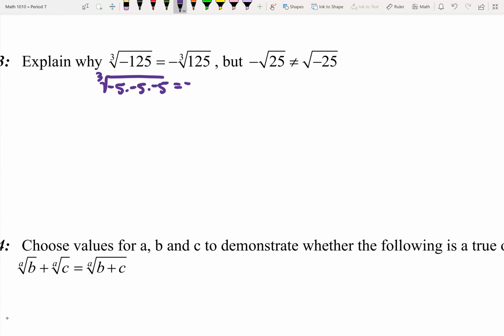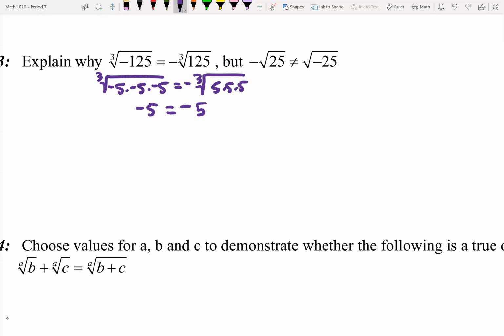And then here, make it a negative cube root of 5 times 5 times 5. I really would write it like this when I did it on my test, just so I was clearly showing. So the cube root of -5 times -5 times -5 is -5. The other guy, there's a negative sitting out in front. Those 3 5s come out as a single 5. They're equal to each other, right?